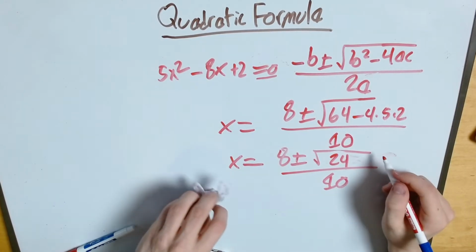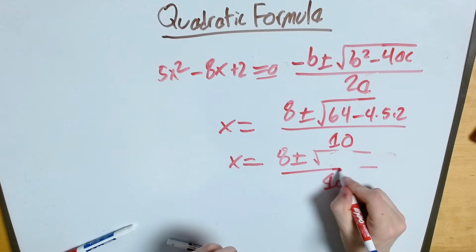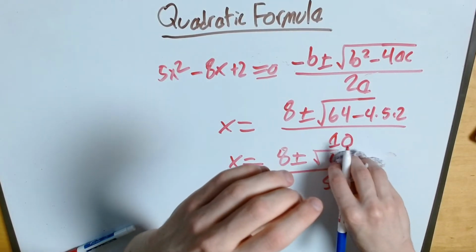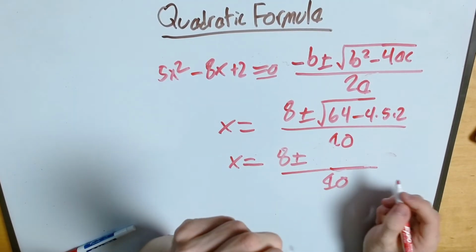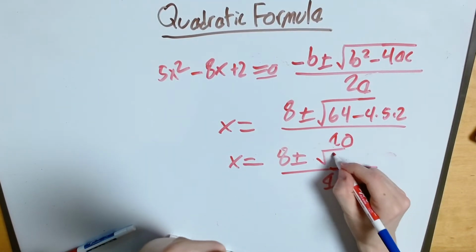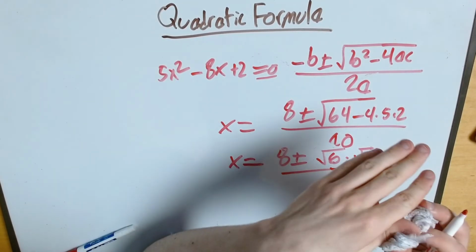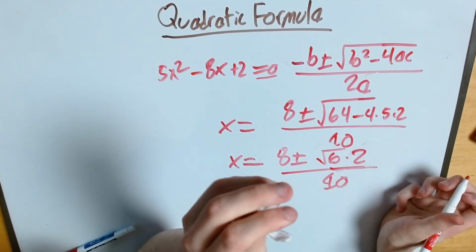And I notice 24 is actually 6 times 4. And since we can multiply what's inside square roots, that's the same as the square root of 6 times the square root of 4. The square root of 4 is 2.